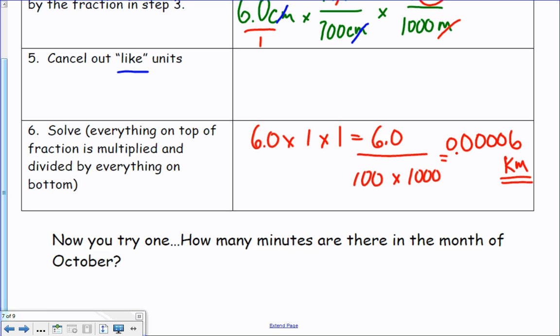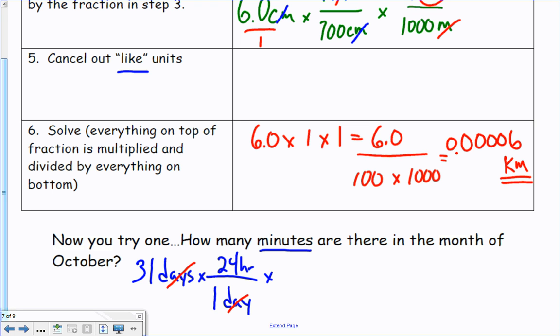How many minutes are there in October? I know I'm looking for minutes. I'm given October. What do I know about October? I know that there are 31 days. Now I need a conversion factor with days in the denominator to get me to minutes. Well, I know that one day is 24 hours, correct? So now days is going to cancel, and I'm in hours.